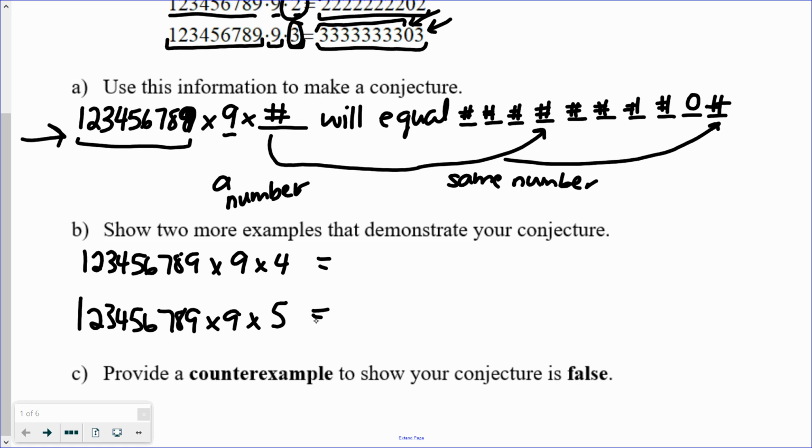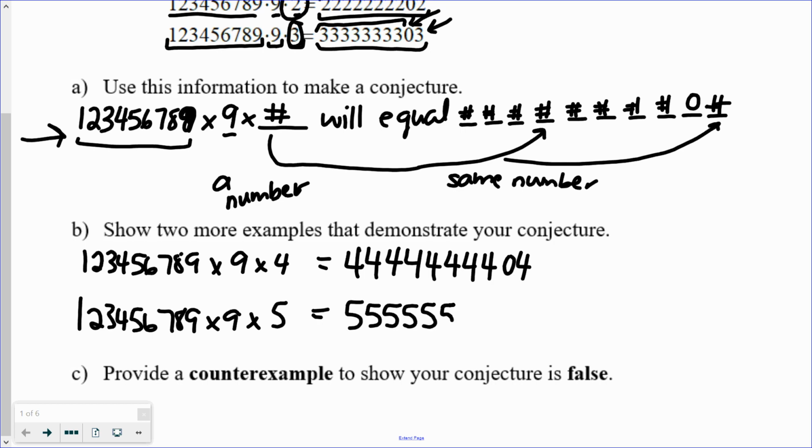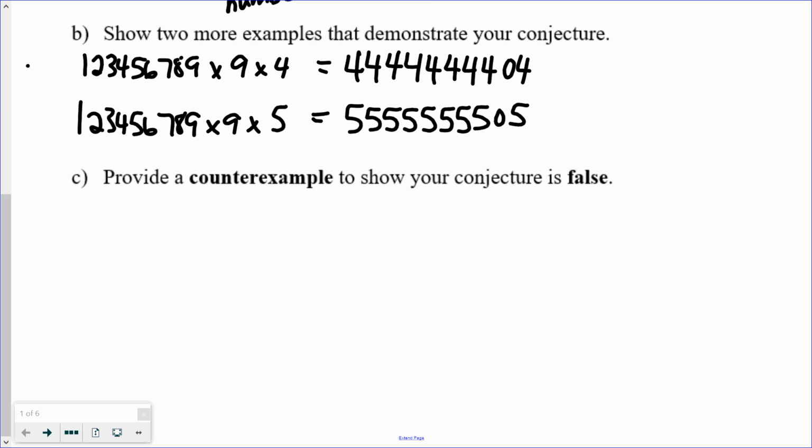You might need to pause and press play now. Hopefully I counted right there. Try both of those, double checking on your calculator.